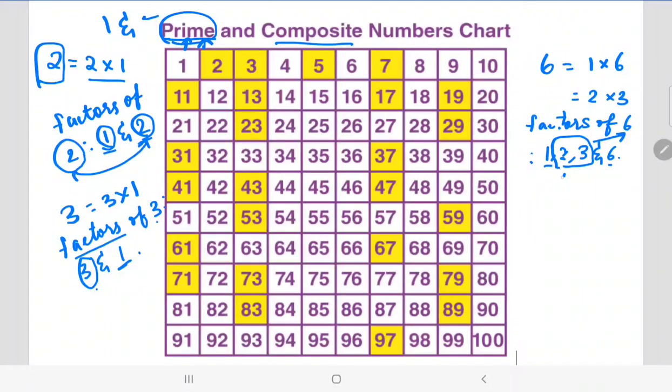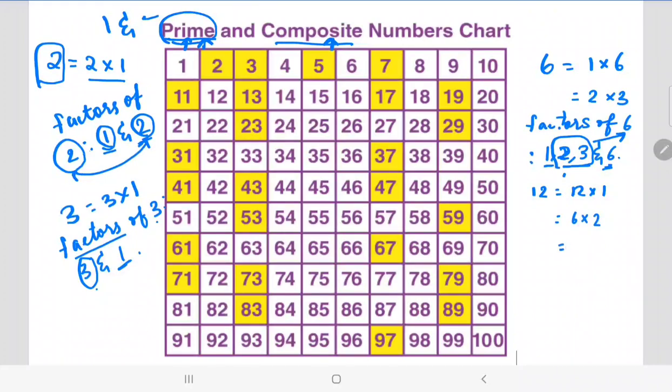So whenever any number has more factors other than 1 and the number itself, here you are having more factors, that is 2 and 3, that is known as a composite number. If you take 12 for example, 12 can be written as 12 into 1. It can be written as 6 into 2.